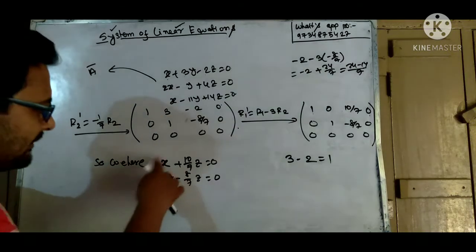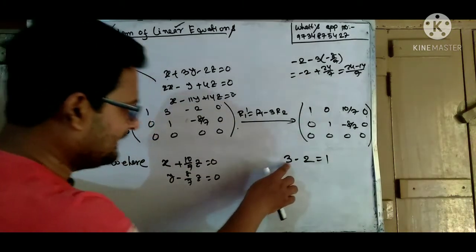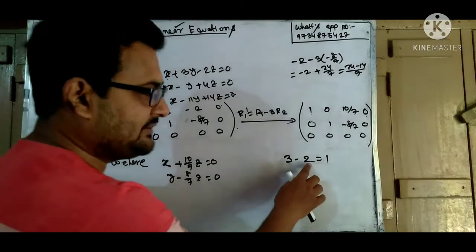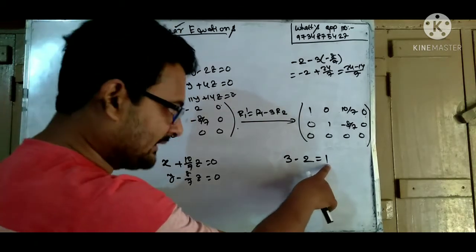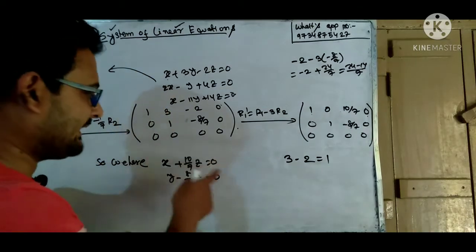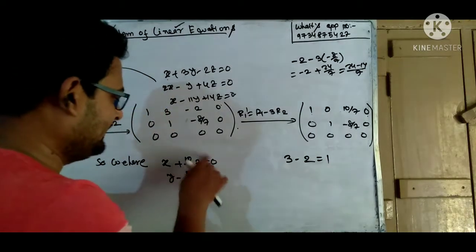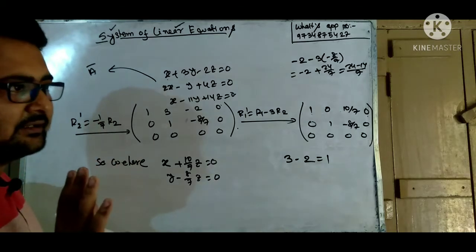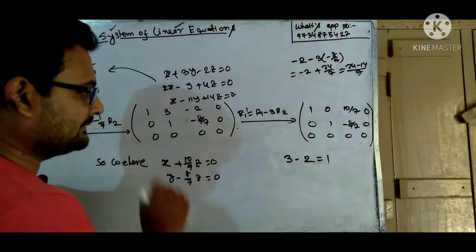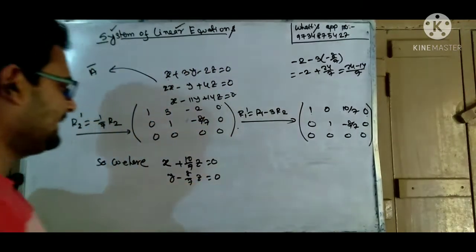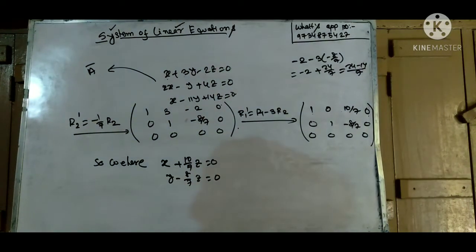Number of variables is 3 and the number of equations is 2. If we subtract, we get 1. So we have to take one variable as an arbitrary constant if we try to solve this type of equations. Okay. So let us take z equals c.